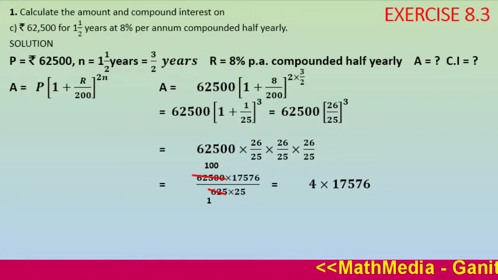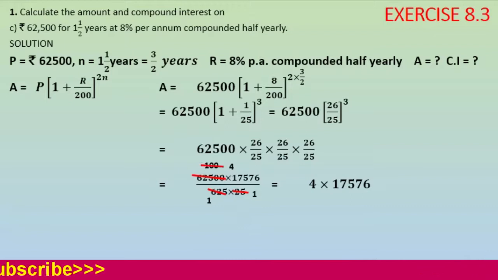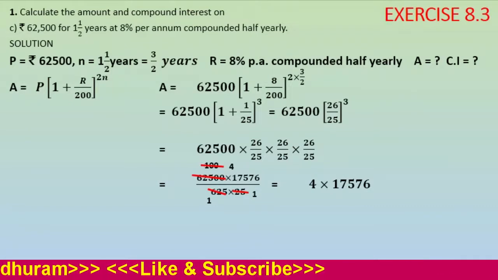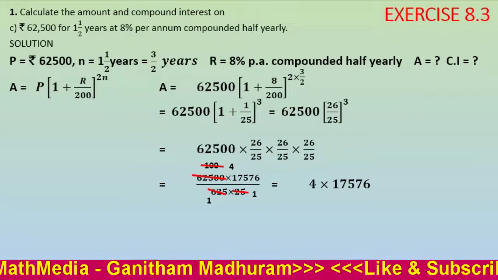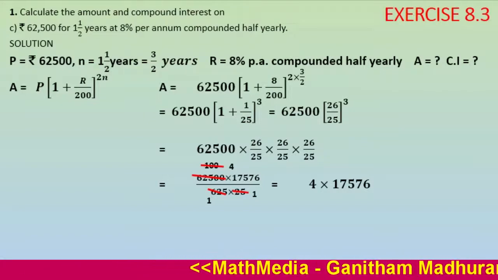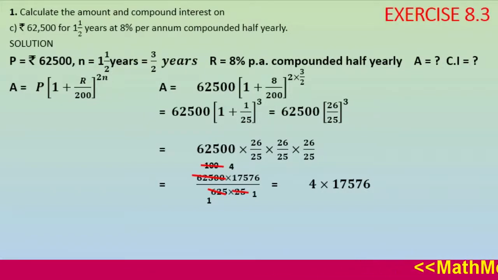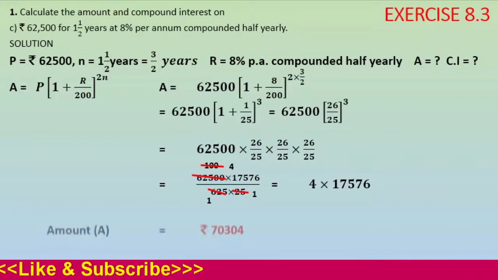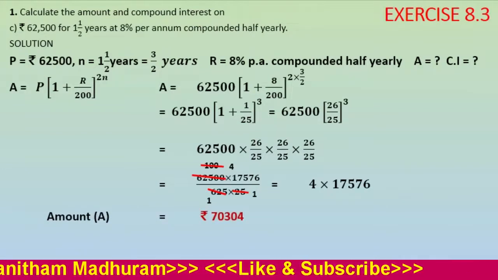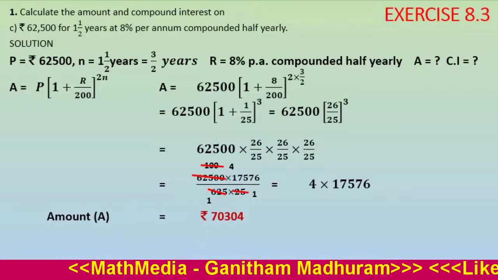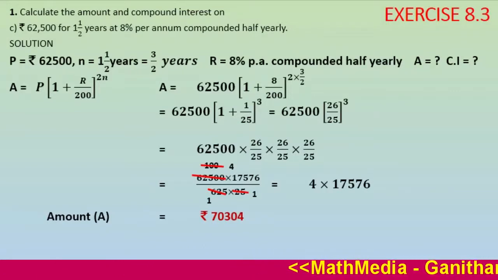Again we can cancel 100 and 25. So the numerator become 4 and denominator become 1. So we get 4 into 17,576. While multiplying, we get the answer as rupees 70,304. That is our amount.